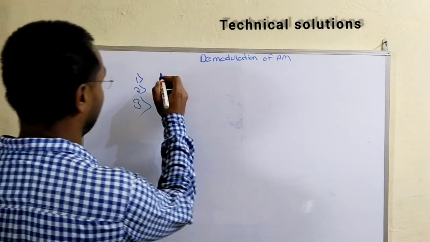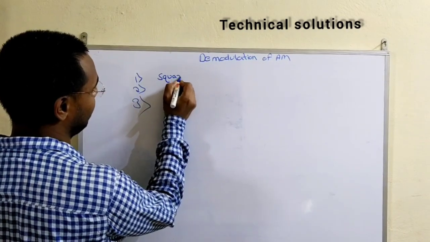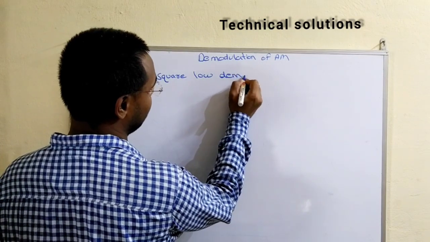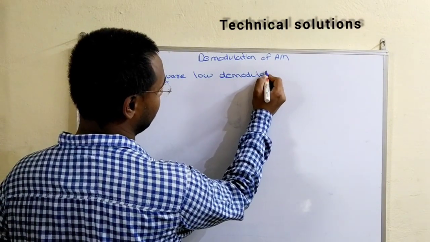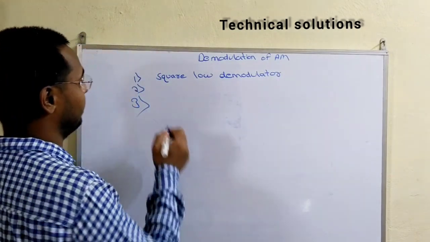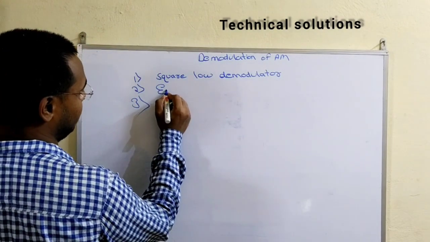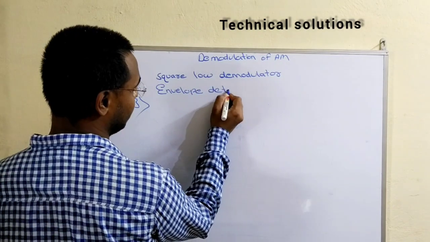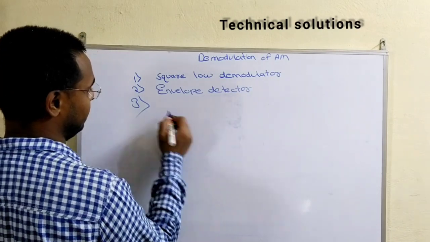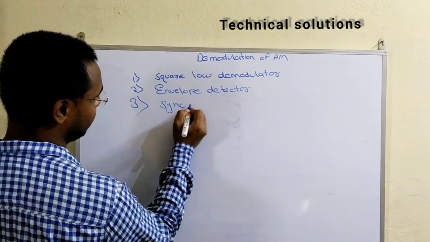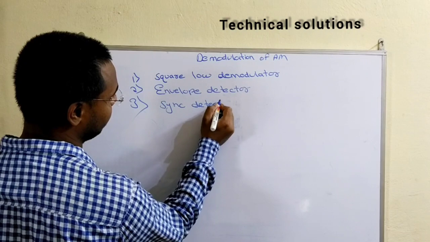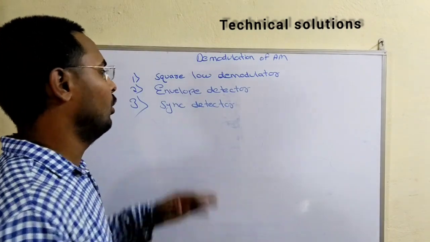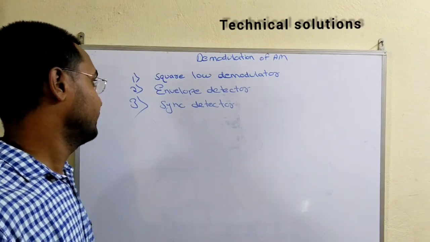First one is square law demodulator. Second one is envelope detector. And the third one is synchronous detector. Each method has its own advantages and disadvantages.